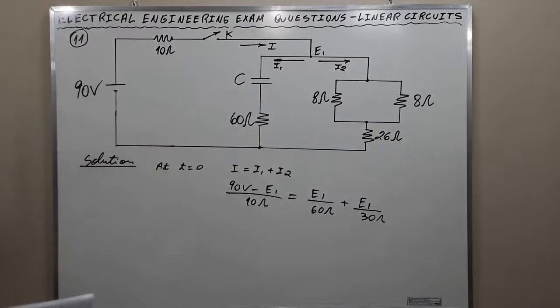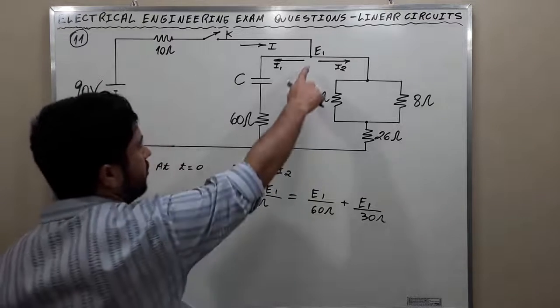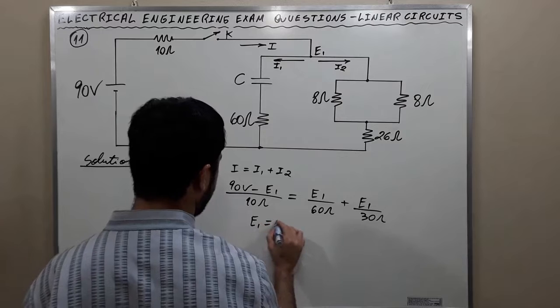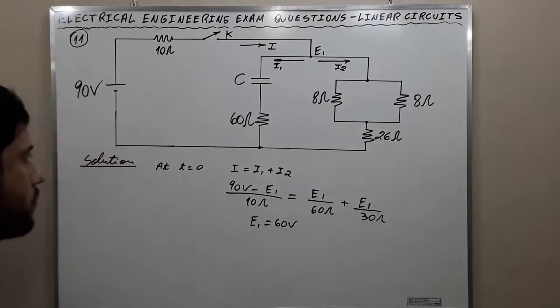In this way, we find the value of E1, the voltage at this node here, which is 60 volts. Okay?